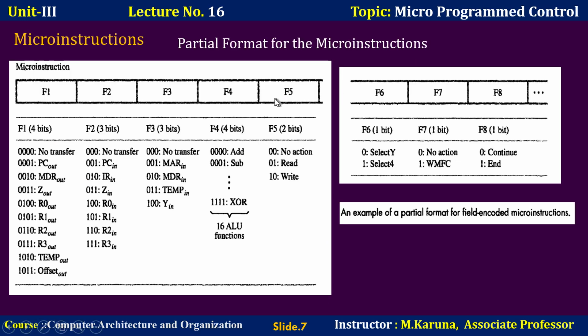Now let us see, if the instruction contains 42 micro control signals, then it requires 42 bits. To store 42 bits of instruction code, the processor may require more memory. To avoid that, those bits are grouped together as F1, F2, F3, F4, F5, F6, F7, F8. In the F1 group, 4 bits are used to represent out control signals. In the F2 group, 3 bits are used to represent in control signals.